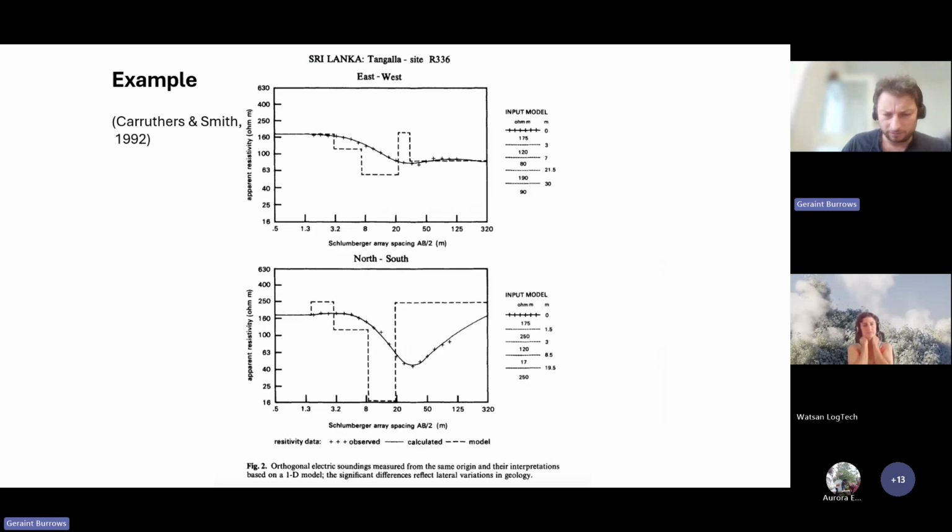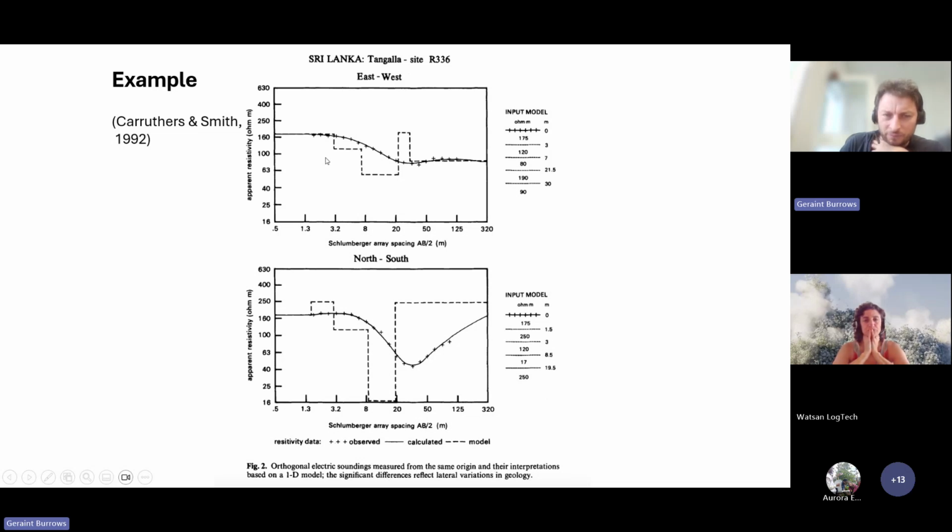This is an example of that. In this particular paper, the interpretations of the 1D sounding have significant differences that reflect the lateral variations in the geology.